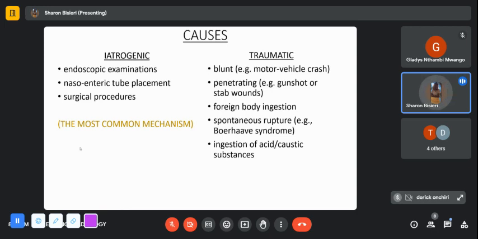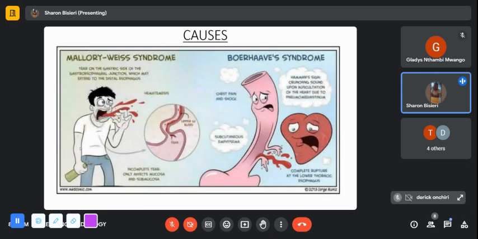To a milder extent, you can have a Mallory-Weiss tear, but on the severe extent, you can have Boerhaave syndrome. You can also have tears as a result of ingestion of acid or other caustic substances.